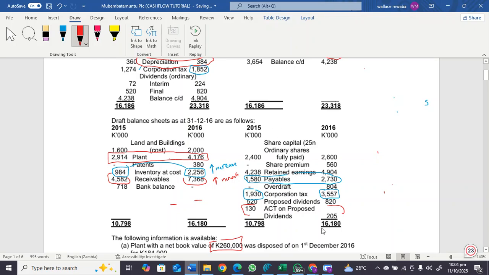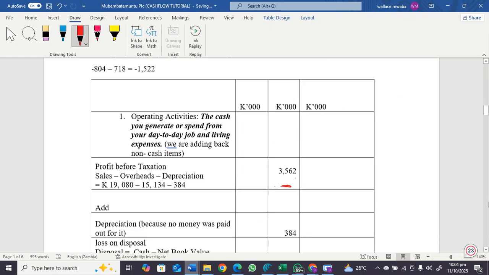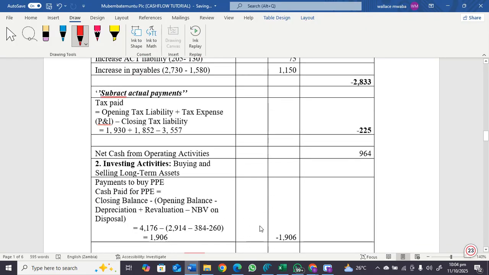There's no revaluation surplus here. So we put in our formula now: closing balance 4,176 minus, open brackets, the opening balance 2,194, minus depreciation 384, minus the net book value on disposal.